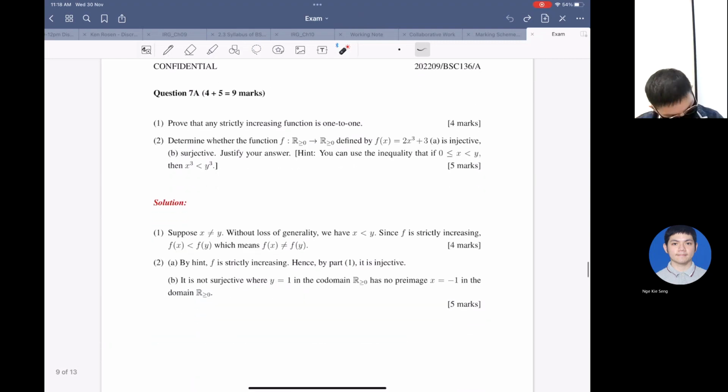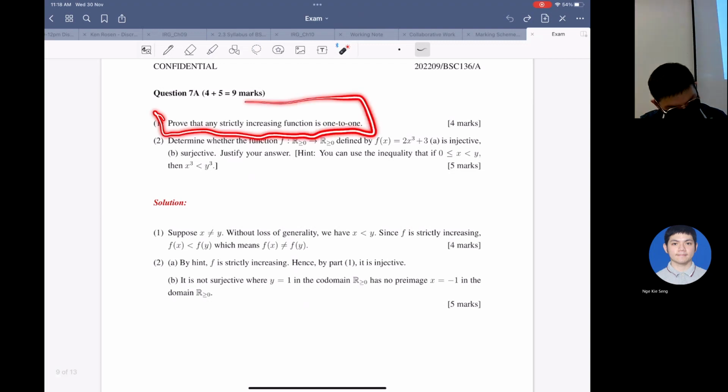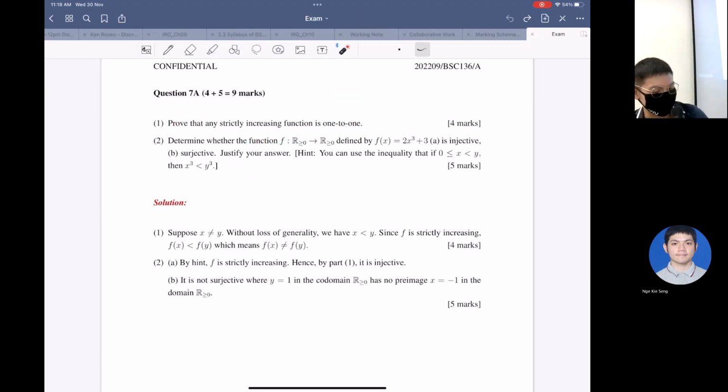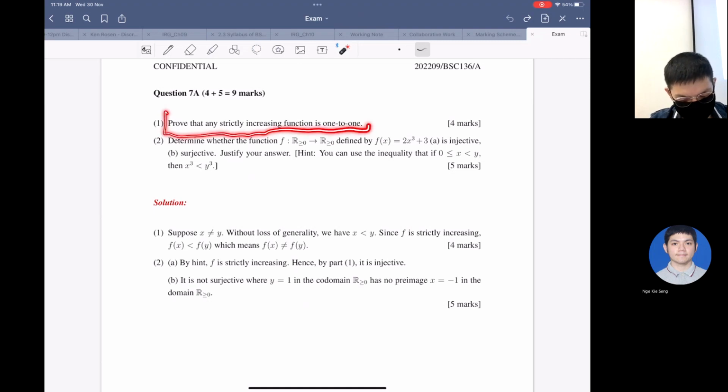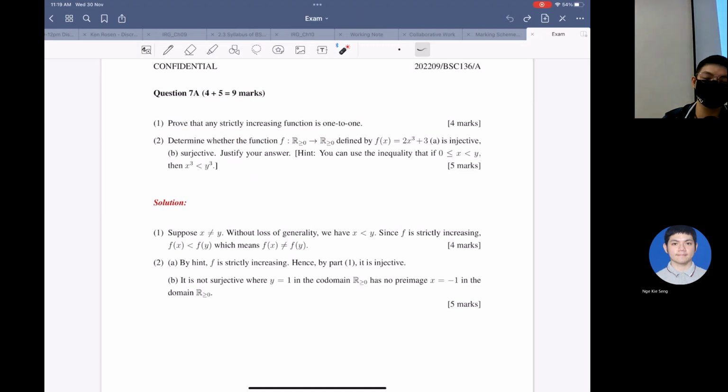Question 7. Actually, this part 1, I already stated in the class, but I didn't prove it. And no one asked me about it either. So I gave you a lot of time to think about this question in the class. How to prove that any strictly increasing function is one-to-one? You just prove one-to-one: if f(x) equals f(y), then x equals y.